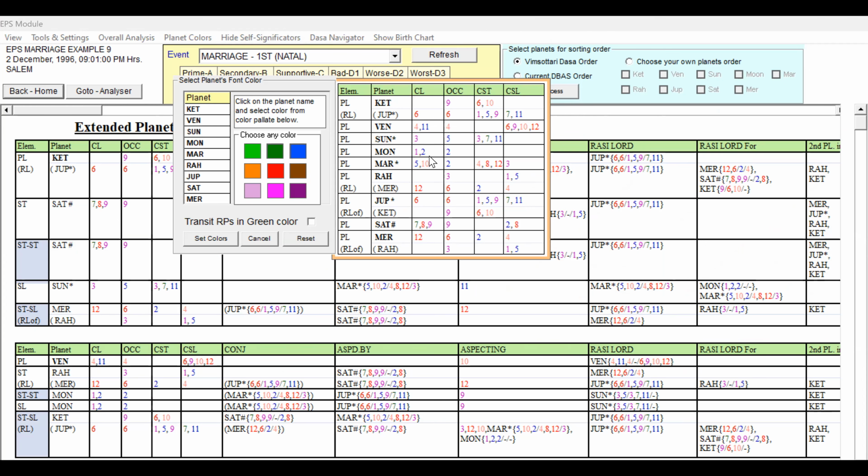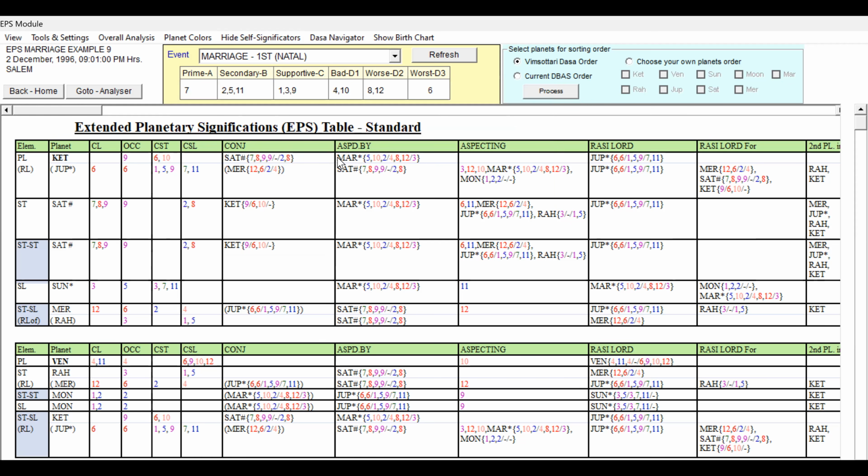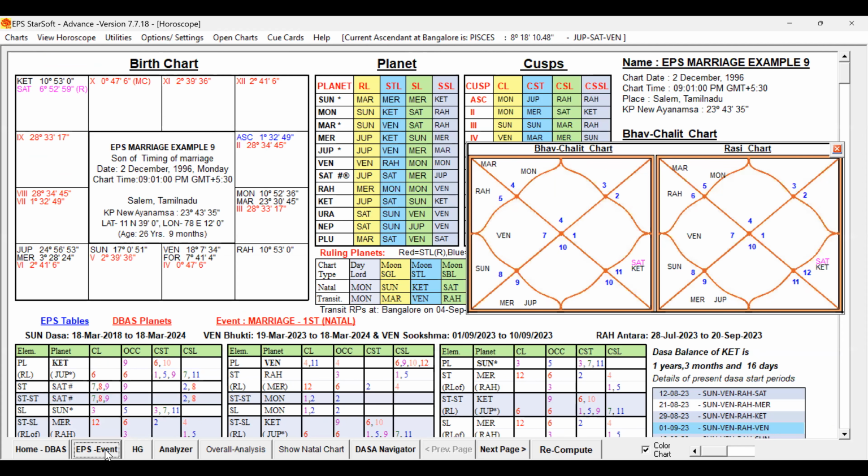Lagna lord, second lord occupying the second house. This is good. So Moon we can give green color, right? Sorry, I think I have closed it, unfortunately.